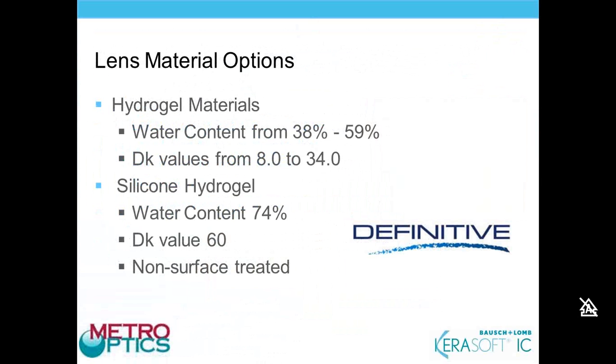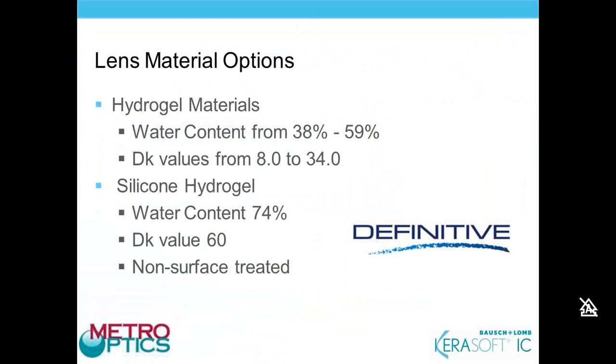Now, the KeraSoft IC lens uses silicone hydrogel, a lathable silicone hydrogel material called Definitive that has a decay value of 60. And so this is a nice feature and kind of sets this lens apart, at least for oxygen permeability.